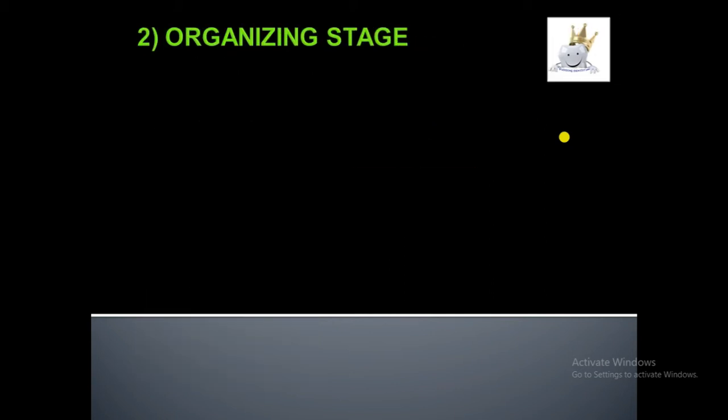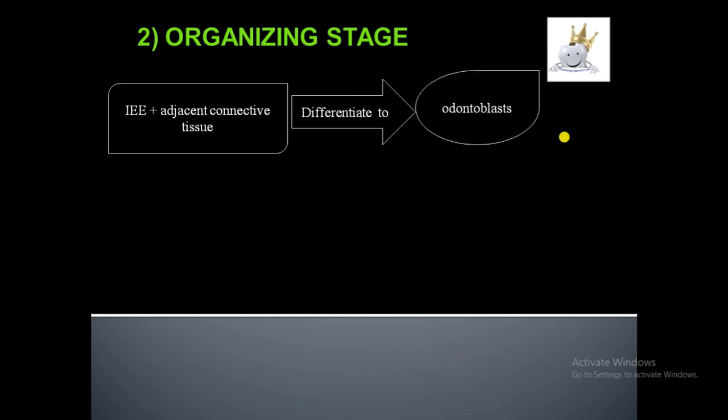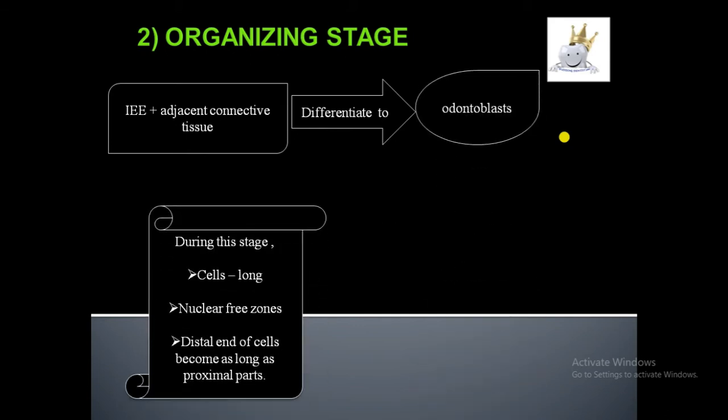The second stage is the organizing stage or the differentiating stage. In the organizing stage, the inner enamel epithelium interacts with the adjacent connective tissue, which then differentiates into odontoblast. What is odontoblast? Odontoblast is the dentin forming cells. During the organizing stage, the cells which are short and columnar in the morphogenic stage become long.